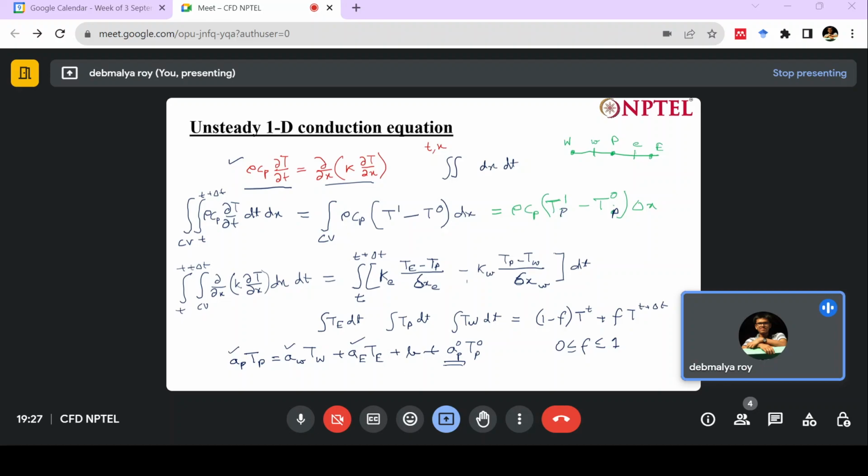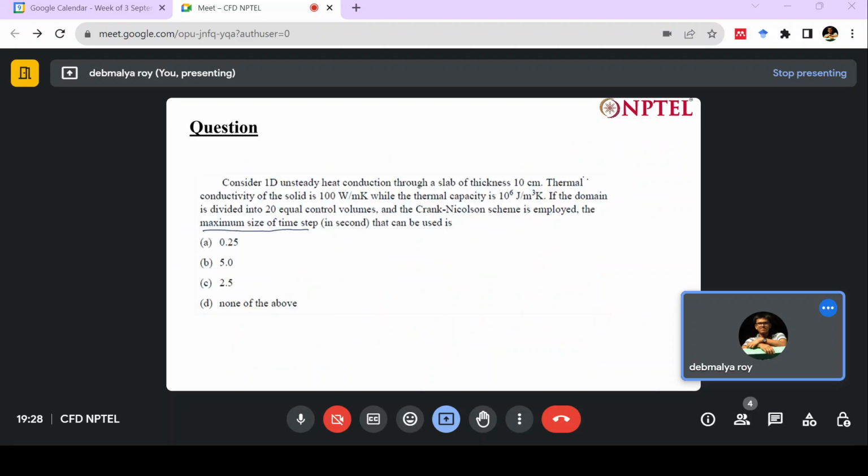And while applying this, we come across certain rules for different values of F that need to be followed so that AP0 is positive. And what are these rules? For the explicit scheme, alpha delta t divided by delta x square should be less than or equal to half.